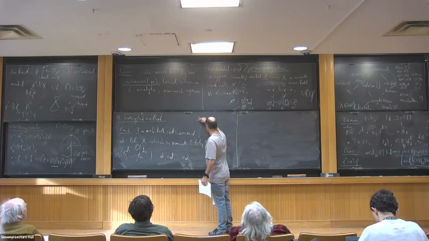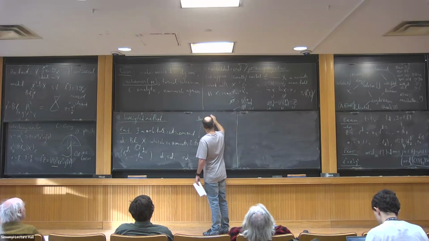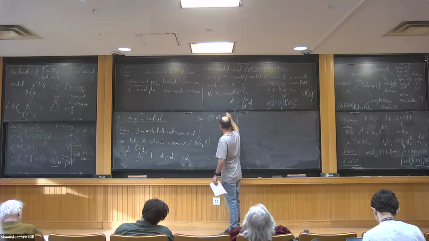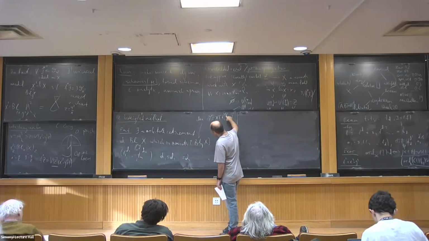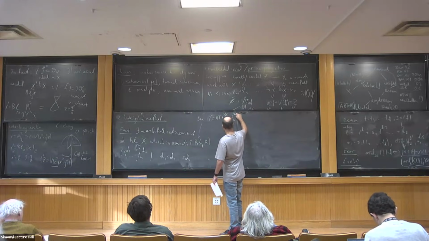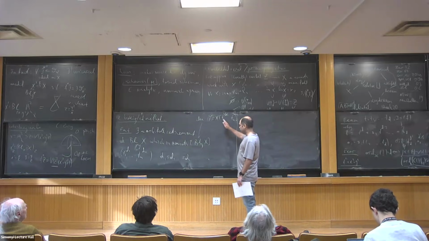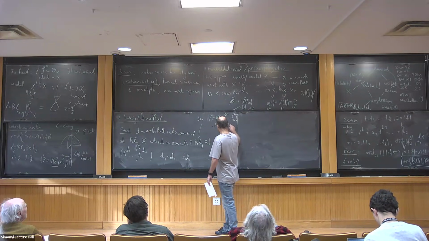So the idea, and it's really imprecise: the blow-up will take Y equal to X with t1 to the power 1 over w1, ..., tn to the power 1 over wn, such that d1 w1 = d2 w2 and so on.